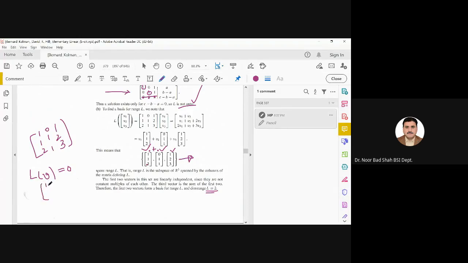We have 1, 0, 1, and then we have 0, 1, and 1. And then the last one is 0, obviously. And the last row becomes 0, 0, 0. Okay, so we find solution of this homogeneous system. The last equation gives you what? That is, you see, u2 plus u3 is equal to 0.